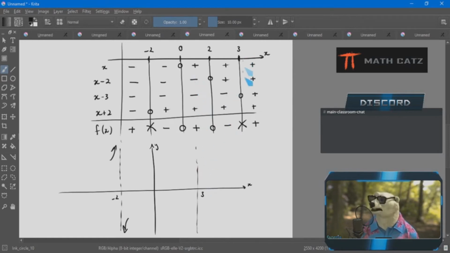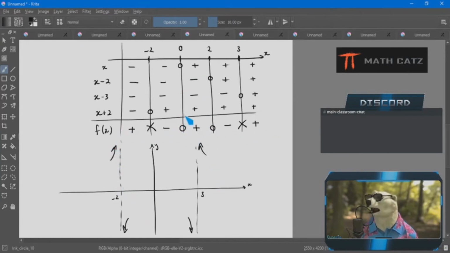Where's my next asymptote? At 3. Just to the left of 3, I am negative in my y value, so the arrow has to go down. Just to the right of 3, I am positive, so the arrow has to go up. So in this way, by analyzing where each factor is positive and negative and how that contributes to the y value being positive or negative, I can pick which arrow is which.